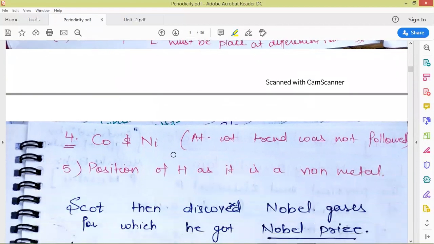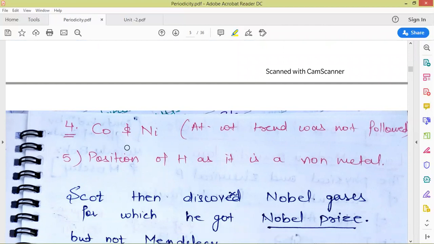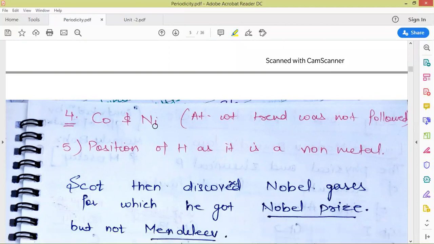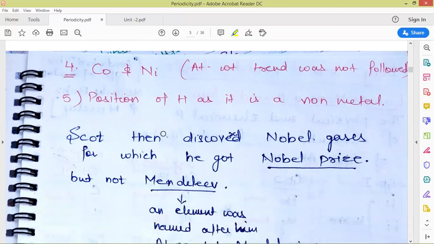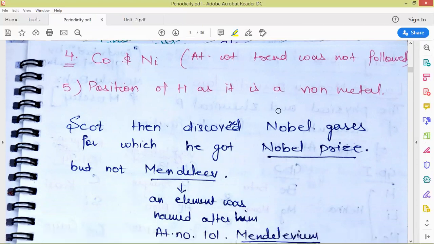Also, in some cases, he contradicted himself. Based upon the properties, he neglected the atomic weight rule, and he put cobalt before nickel in the periodic table, which otherwise is heavier in comparison to nickel when we talk about atomic mass. Also, the position of hydrogen was not defined by Mendeleev.